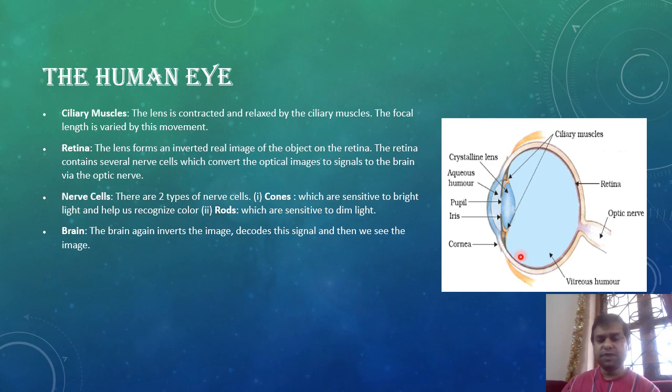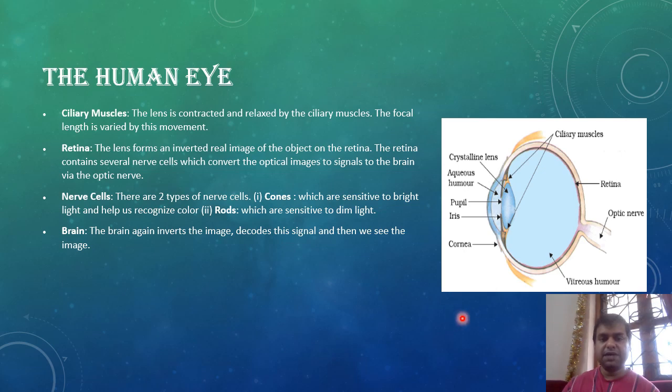Now, the brain plays an important role and would be considered as hand in glove with the eye, because the eye captures the image, but you need the brain to interpret or to distinguish or differentiate or make sense of what you're looking at.